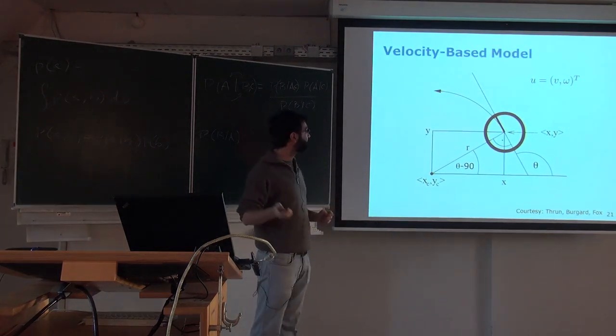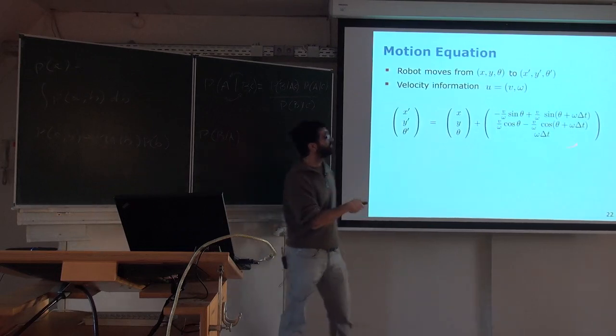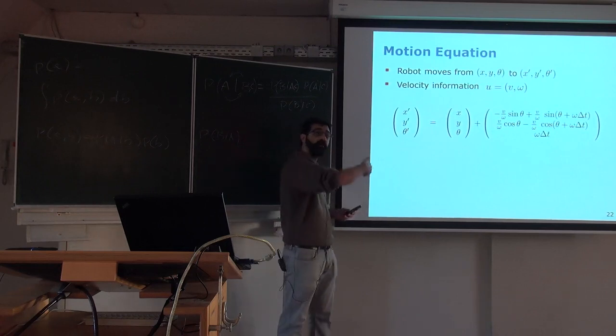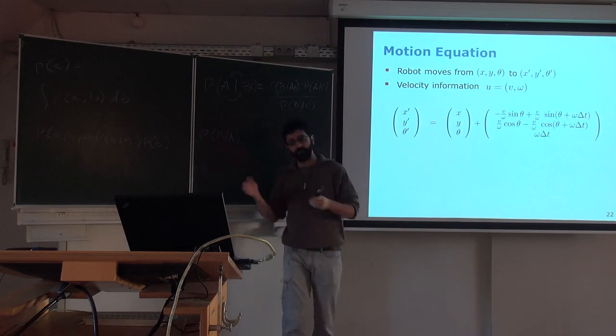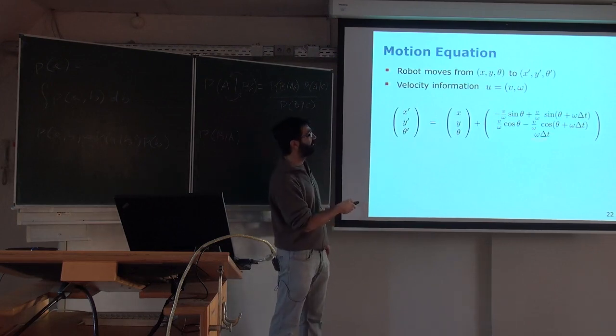And these are the equations. So basically, they are just the equations of a point moving around an arc. The angle here, theta, is the initial orientation of the robot, and this here is the final arc motion that you get. And here you see that the angle just changed by delta t.